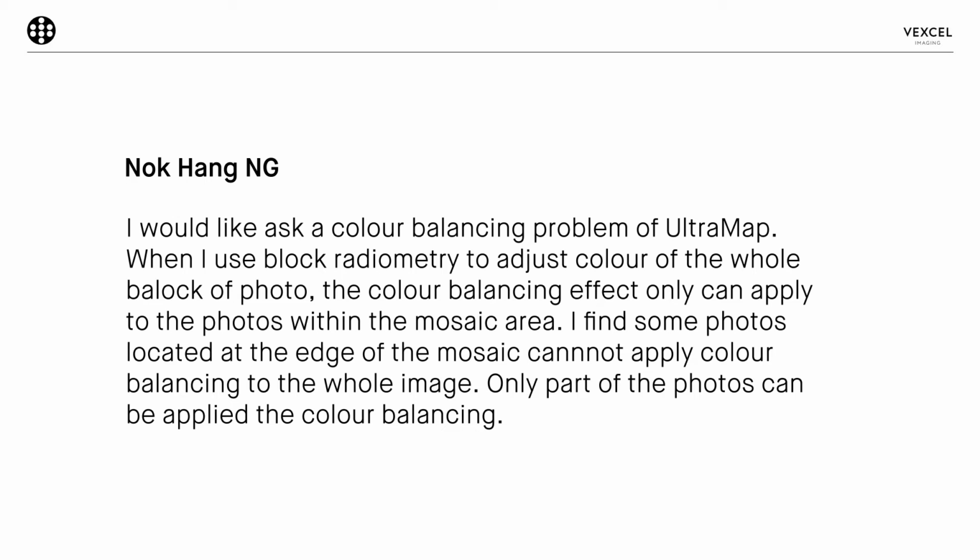Due to the nature of this algorithm being dependent on the low resolution DSM, there's a limit for pixels to be treated at the border of the project area, where there is not enough image overlap to fully create the DSM. We are aware of that.